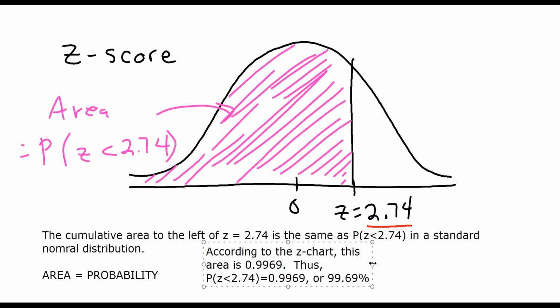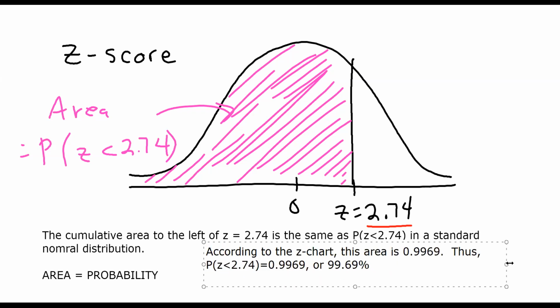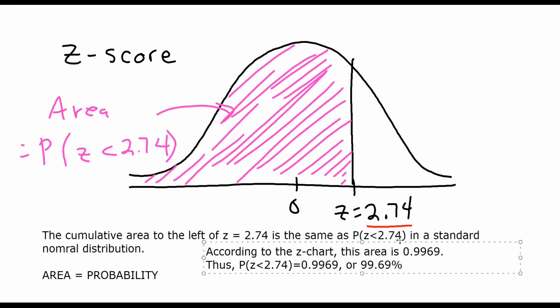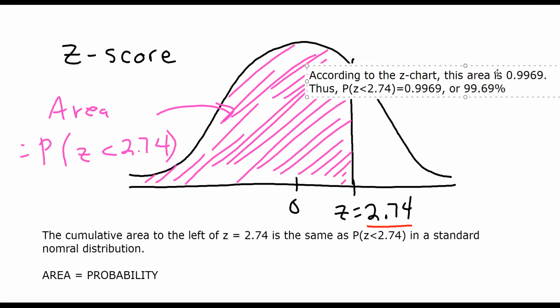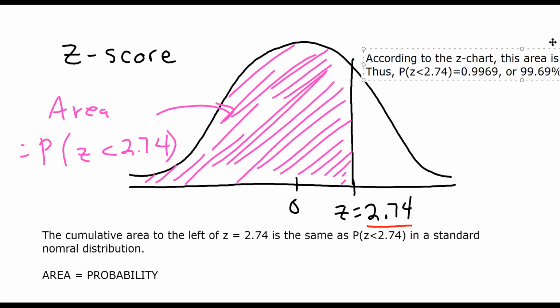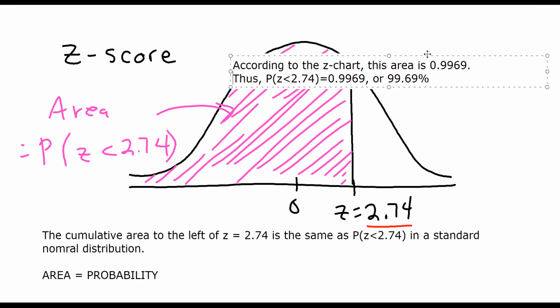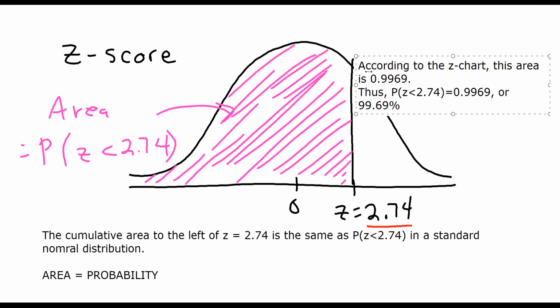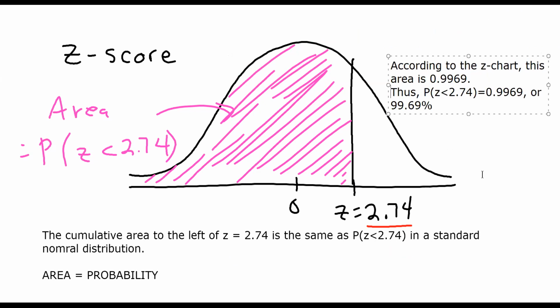All right, let's do a line break here, and we will move this box right. That looks nice. All right, so according to the Z chart, this area is 0.9969.